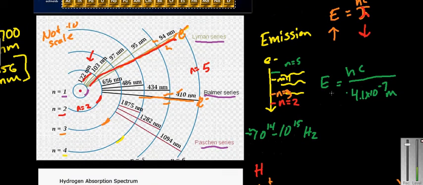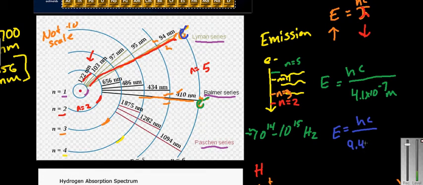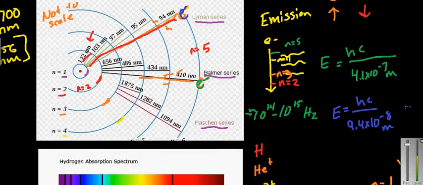If you wanted to compare how much energy is being released by this electron versus this guy over here, you can put them both into the equation and test it. 94 nanometers would be 9.4 times 10 to the -8th meters, right? You will find that this energy here is going to be a lot higher. You're going to release a lot more energy from this than you would from this electron, because they're inversely proportional.